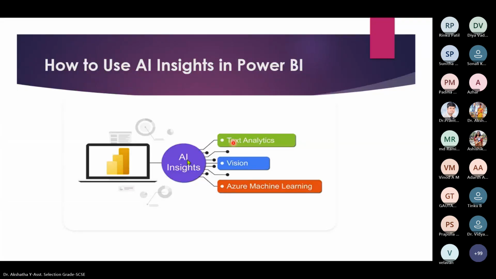However, it is important to note that certain AI features, text analytics or vision, whatever we are talking about, are exclusively available in the Power BI premium capacity to ensure that users can access the necessary resources and computational power to execute the complex AI algorithms effectively.